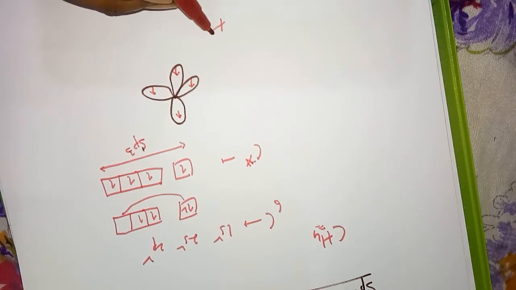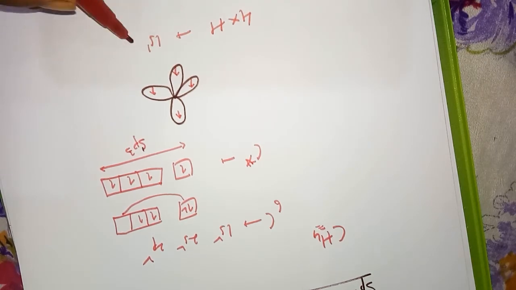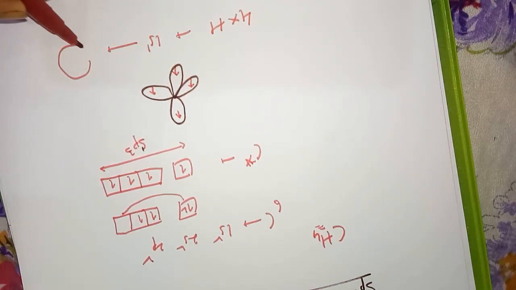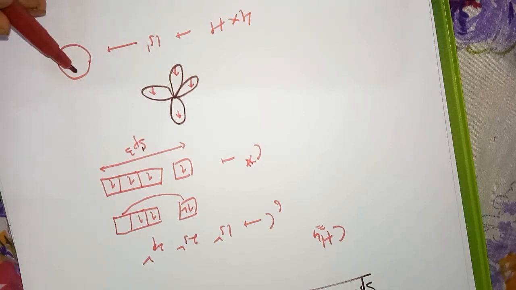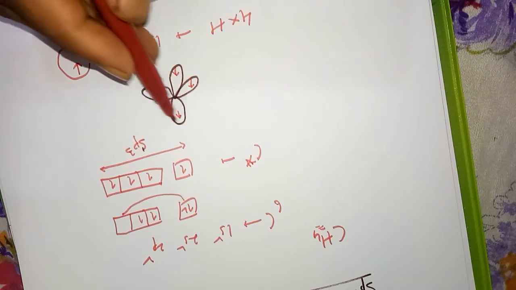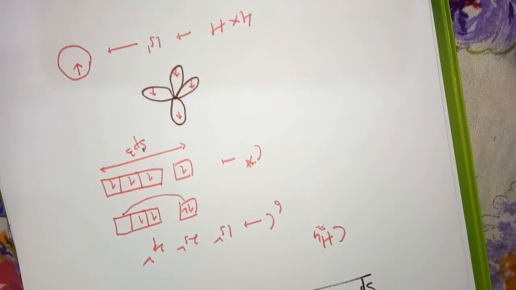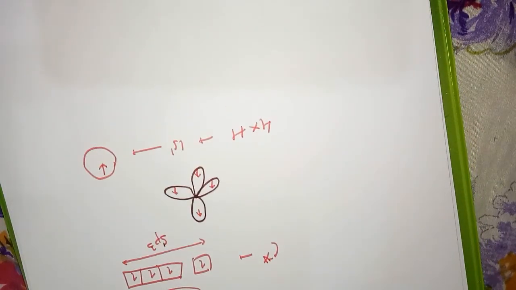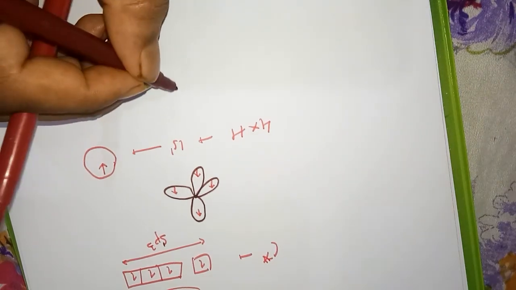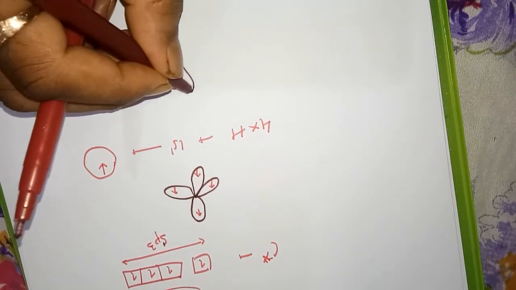Now after that hydrogen, how many hydrogens are there? 4 hydrogens. Hydrogen electronic configuration 1s1. So it will be a circular shape. This upward electron, try to draw this one. Downward electron. 4 hydrogens will add in the 4 corners. So first of all you prepare this one.